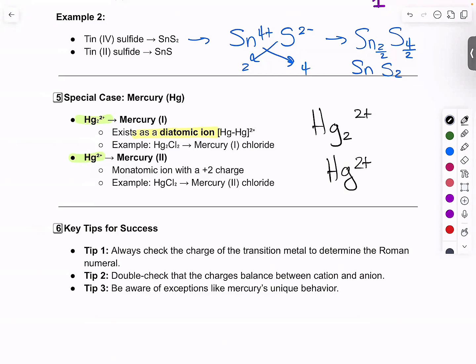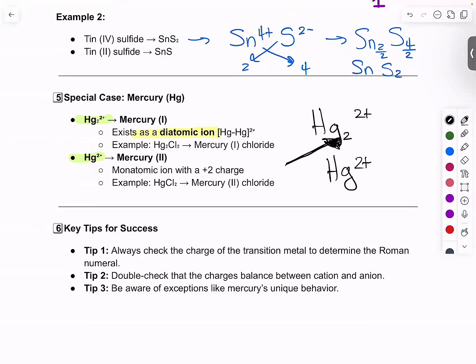Okay, so I think students tend to get confused: they see this 2 attached to the first one. I'm just gonna arrow that over, and they assume that is Mercury II, right? No, it's Mercury I. So think of it as having each Mercury there. Each Mercury has a +1 charge to combine to be a +2.